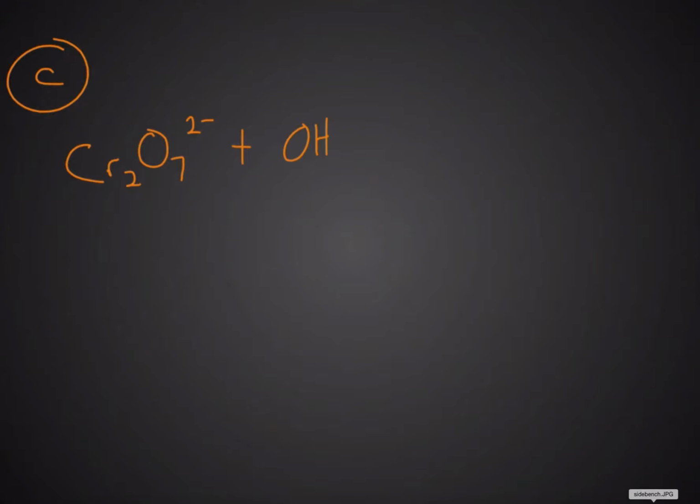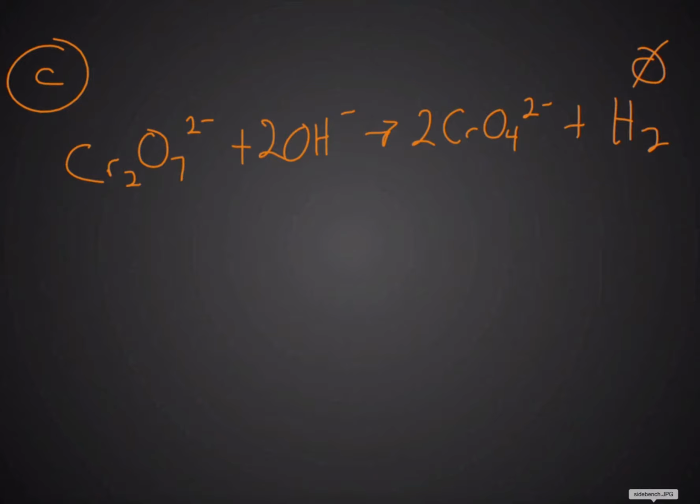So taking a look at the reaction part C, we have the dichromate ion, charge of -2, and hydroxide ion, charge of -1, yielding 2 chromate ions and hydrogen gas. So the hydrogen gas element, 0.